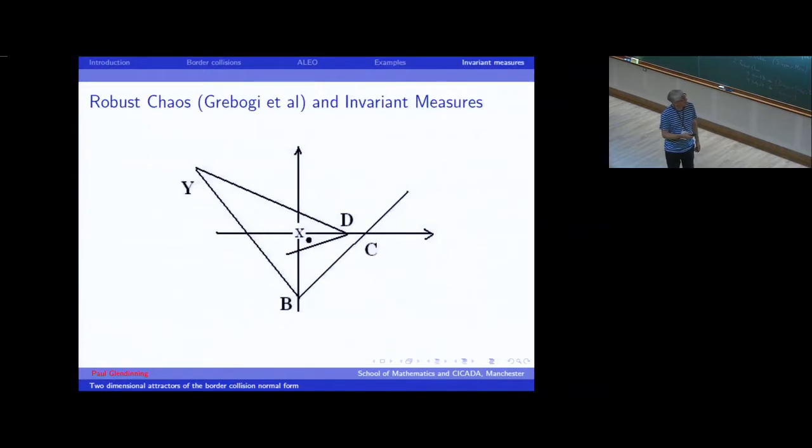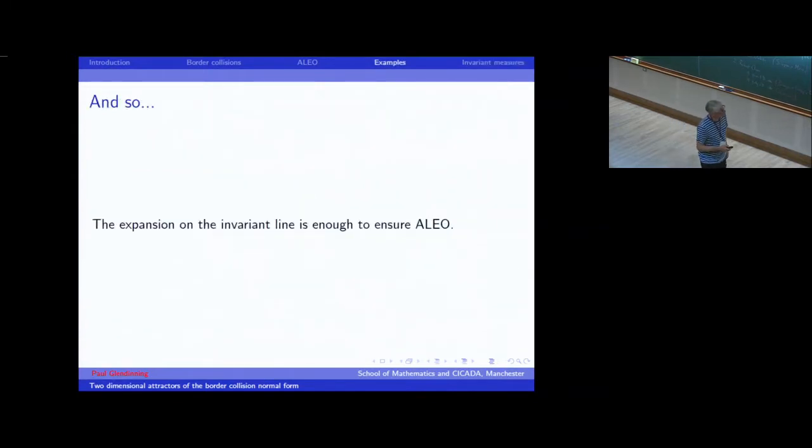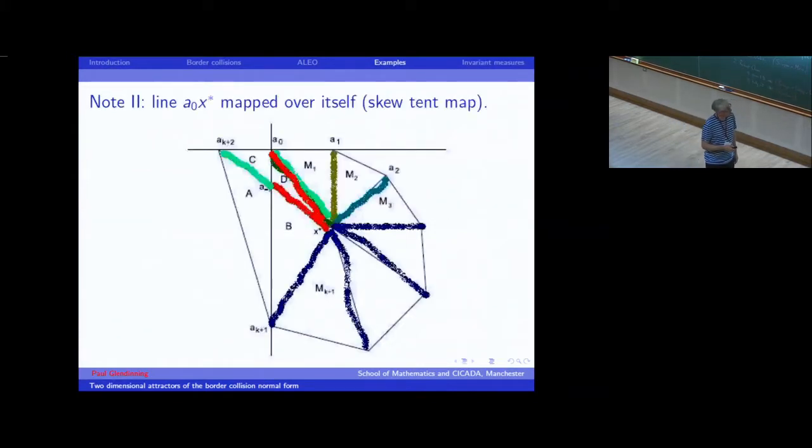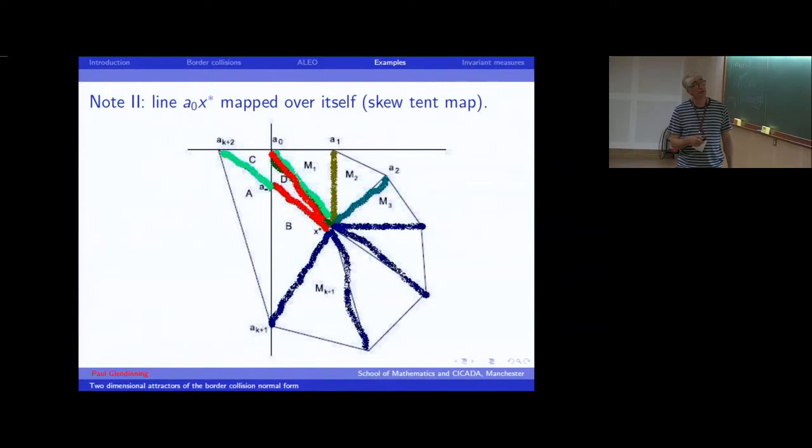So basically what you're now saying is take anything, it will expand up and intersect the line. Once you're on the line, you can use the expansion on the line to get a neighborhood of this. And once you've got a neighborhood of that, you use the expansion around here to prove that everything gets filled in. Because once I've got a neighborhood of this, I've got a neighborhood of X star.